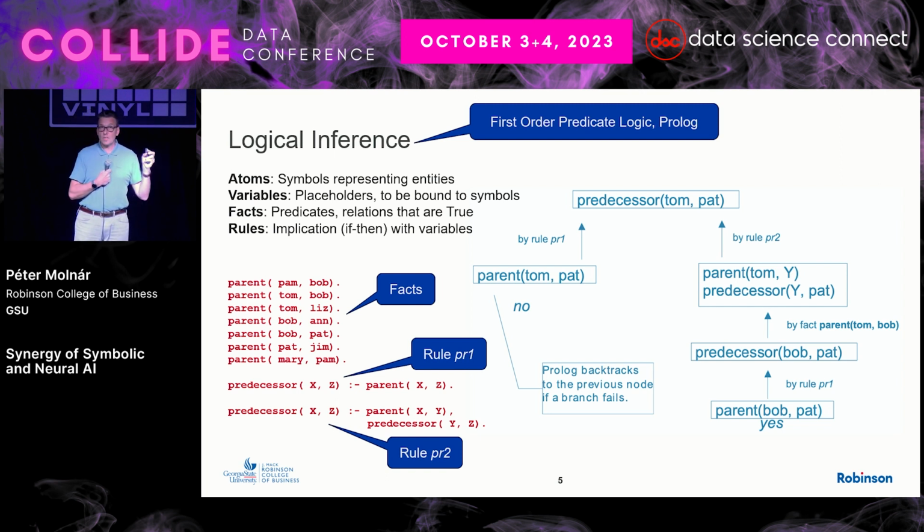So this simple framework, being rule-based, allows us to build larger, more complex problems and solve them. And the beauty of that is it's fully deterministic. So whatever the answer is, we can explain it at any time. It's all based on logical inference.